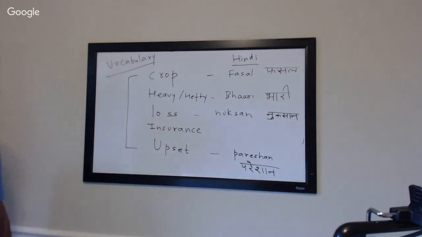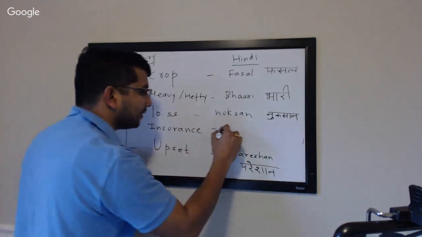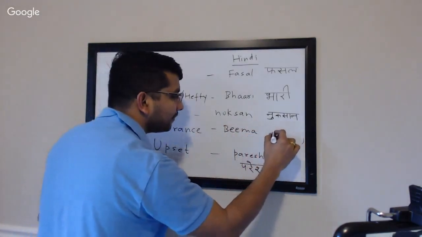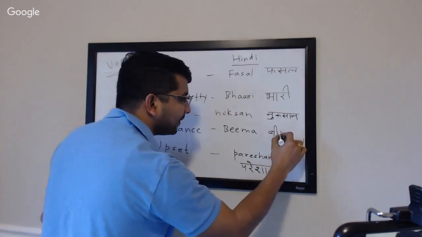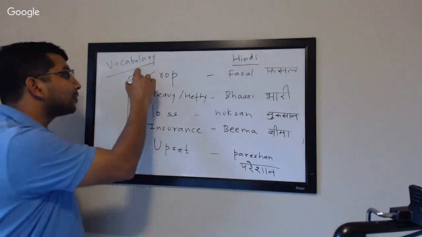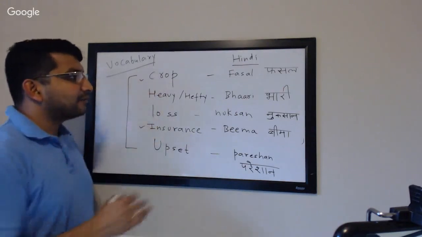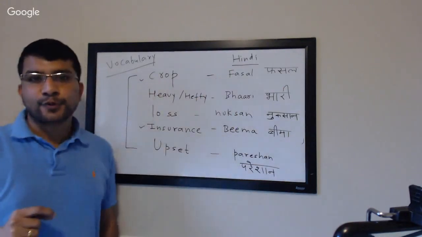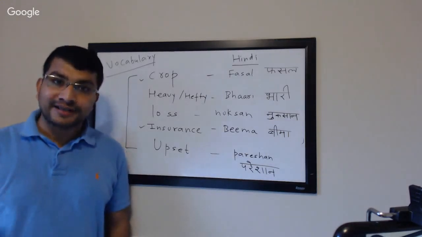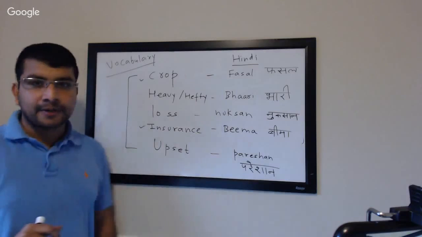Okay, nuksan. And the last one is insurance, which is bima. So let's say you want to talk about crop insurance, it would be fasal bima. You want to talk about health insurance, health is swasthya bima, right?